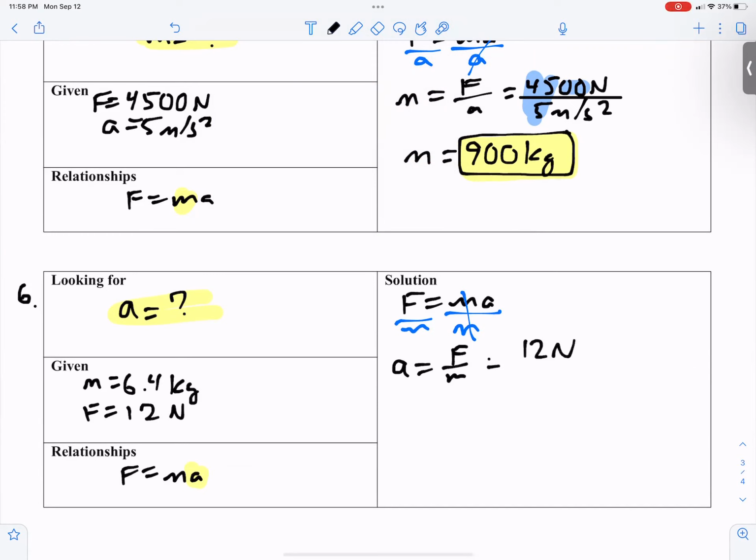And we'll go 12 newtons divided by 6.4 kilograms. And when we divide these two, we get about 1.875, or I can just round this up to 1.9 meters per second squared.